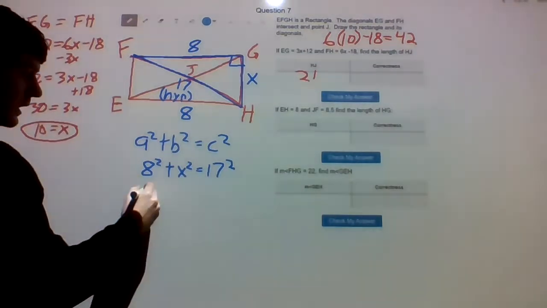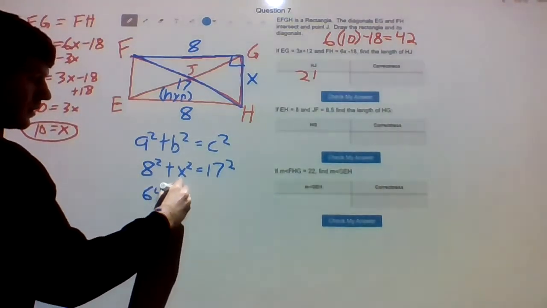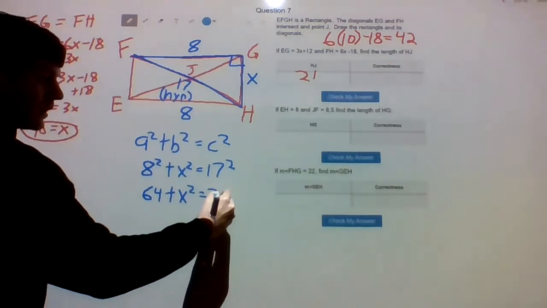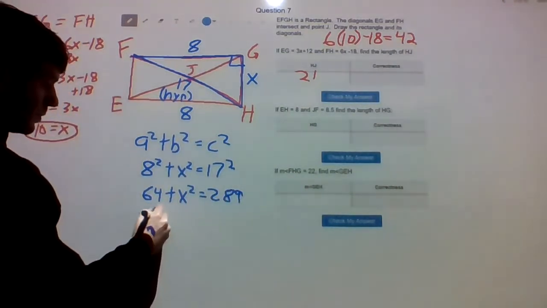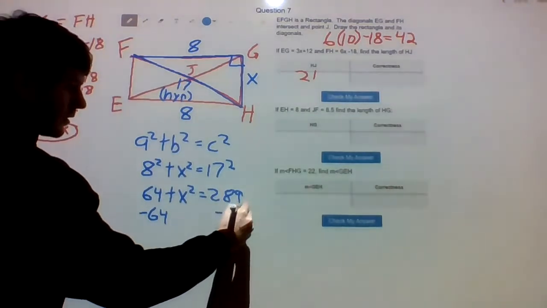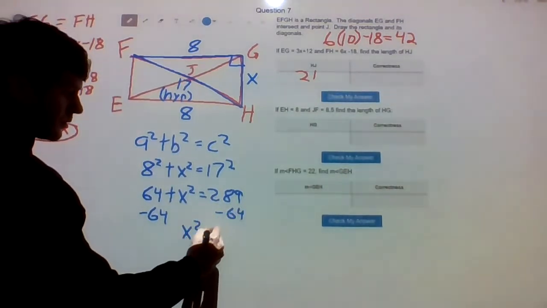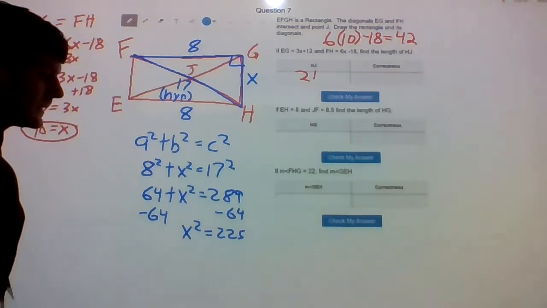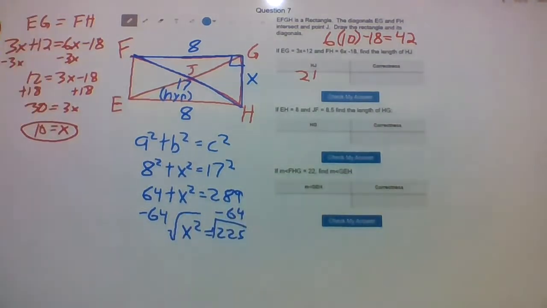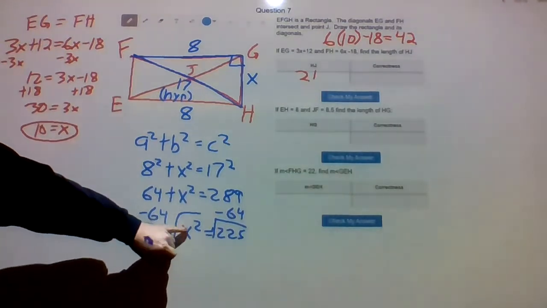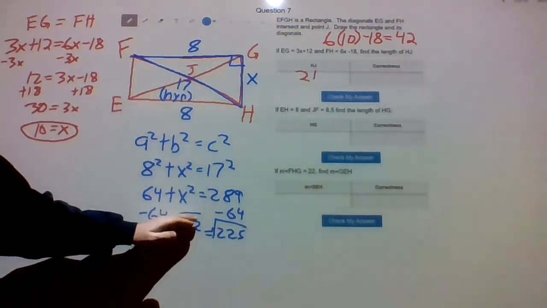Okay, and multiply those out, so that's 64 plus x squared equals 289. We subtract 64 from both sides. We get x squared equals 225. We take the square root of both sides. And right, the inverse of a square is a square root, so we take the square root of both sides.